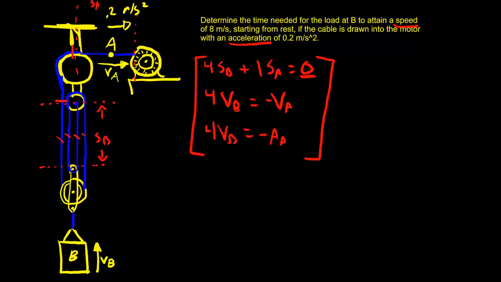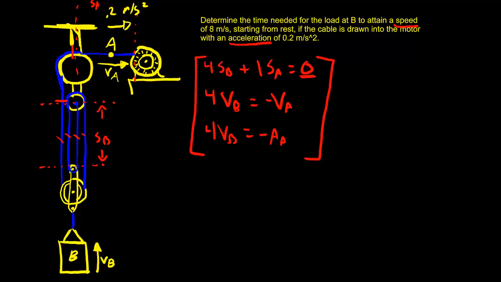All right, so let's move on. We're asked to determine the time needed for the load at B to obtain a speed of 8 meters per second. Sounds simple enough. Let's do acceleration first.